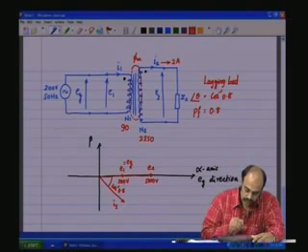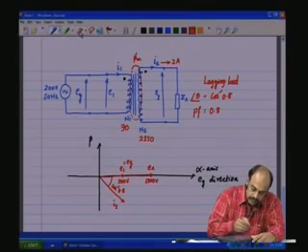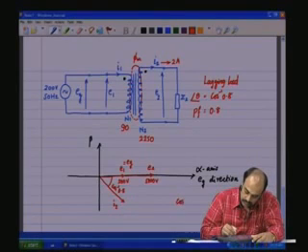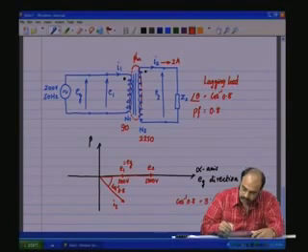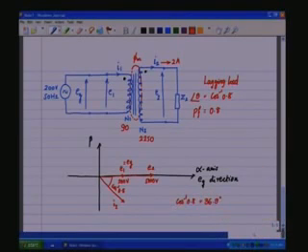So, cos inverse of 0.8 is 36.9 degrees. So, therefore, this angle is 36.9 degrees.